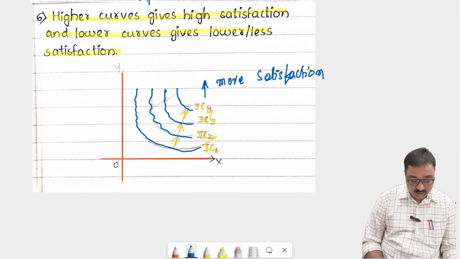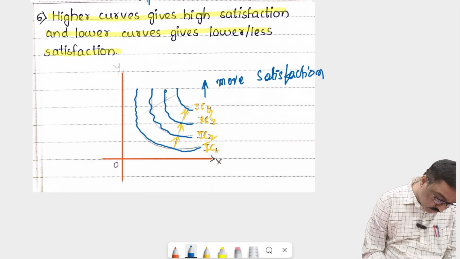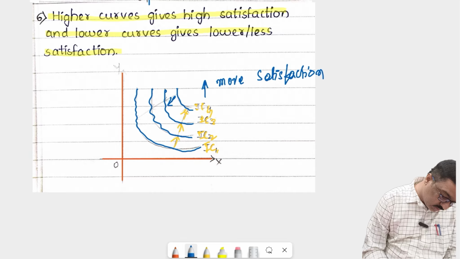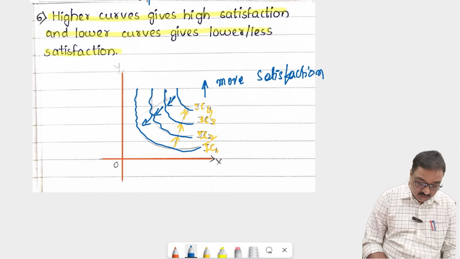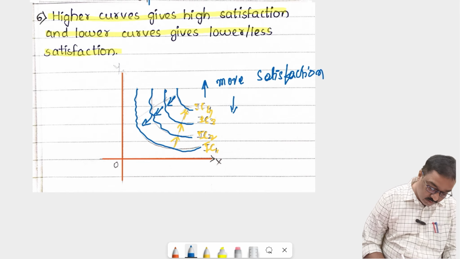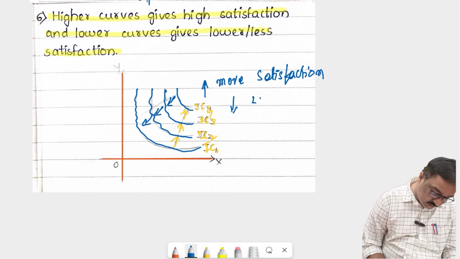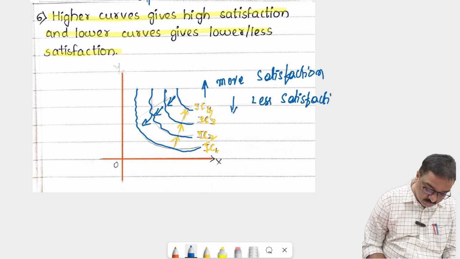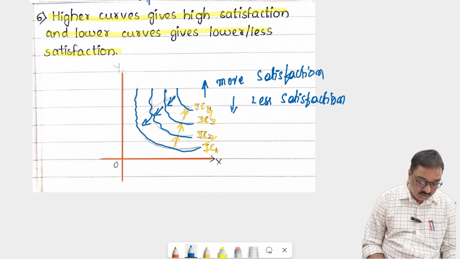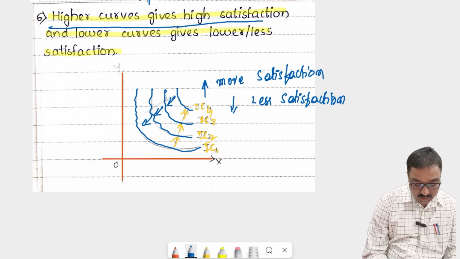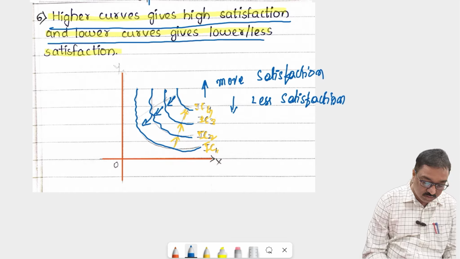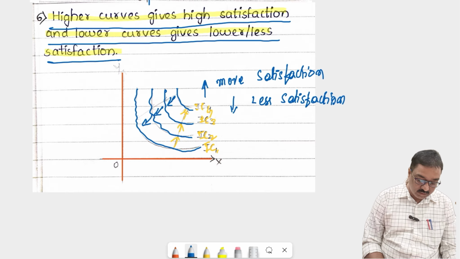Sometimes indifference curves move downwards. When the indifference curves move downwards, they give less satisfaction. So higher curves give higher satisfaction, lower curves give lower satisfaction to the consumer.